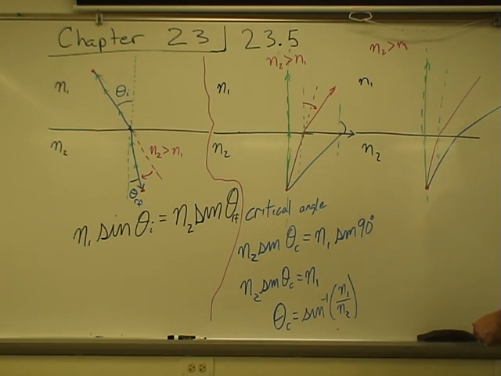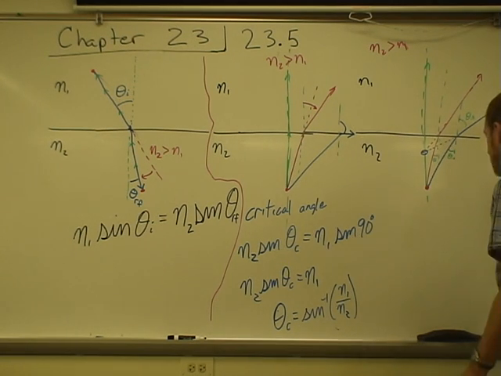And as I get farther away, then the angle of incidence is going to keep getting larger, and then the angle of refraction is going to keep getting larger until I get to this critical angle. But notice what's happening. If I were to be looking through, all of these lines meet at some point.